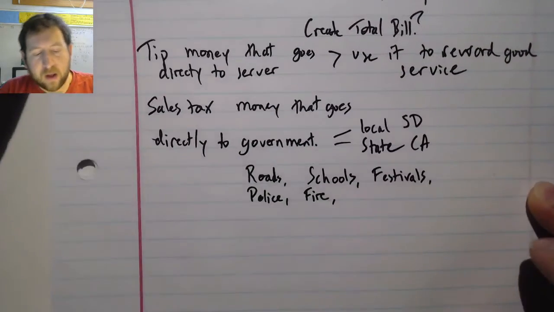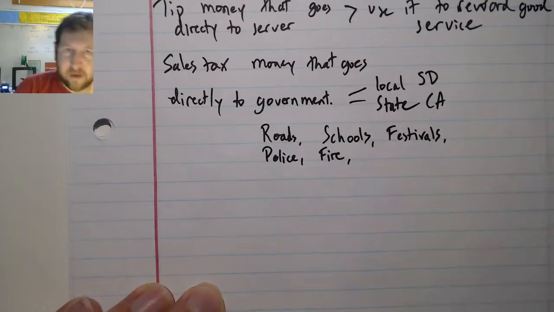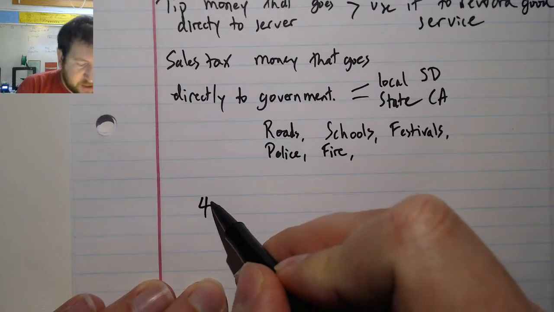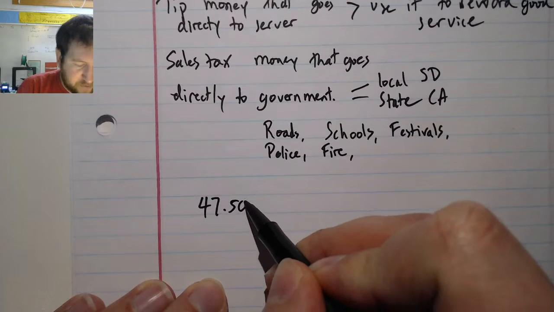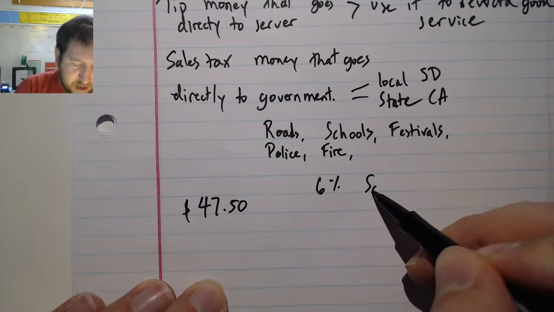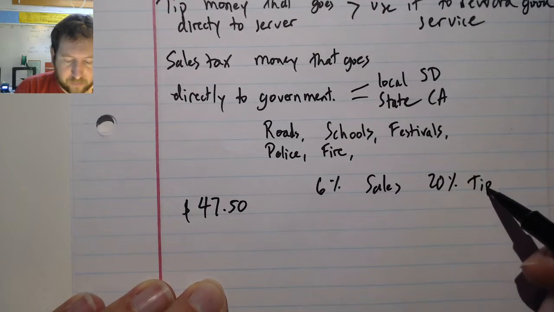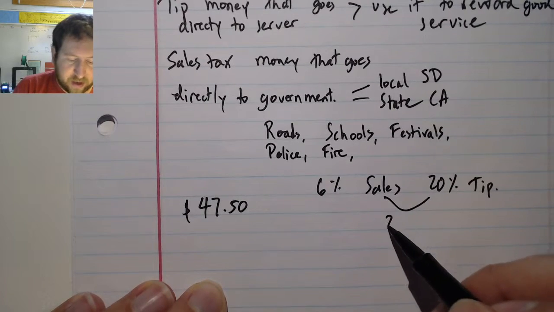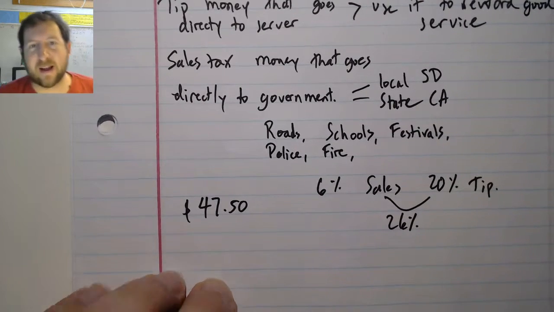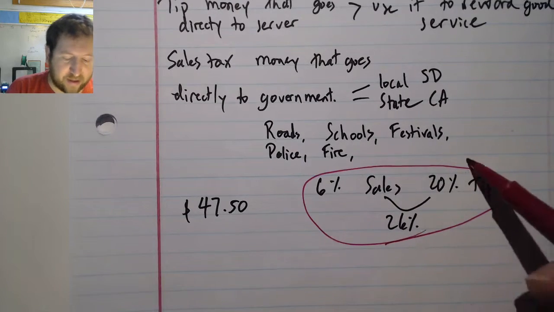Okay? Now, one thing that someone might be tempted to say is, okay, if I was going to figure this total out, I would just say $47.50, and I would say, well, there's 6% sales tax and 20% tip, so I can just add these together to get 26%, and I can add it on. Well, that's actually wrong. We can't do that in this case.